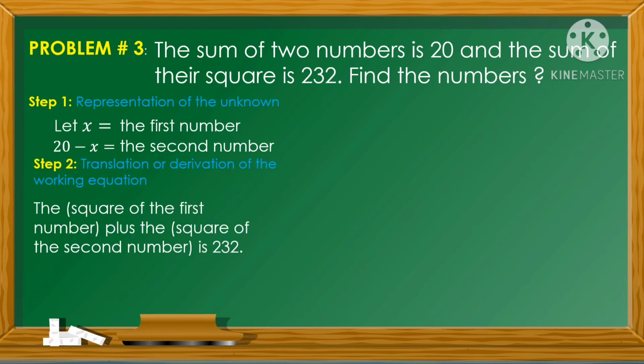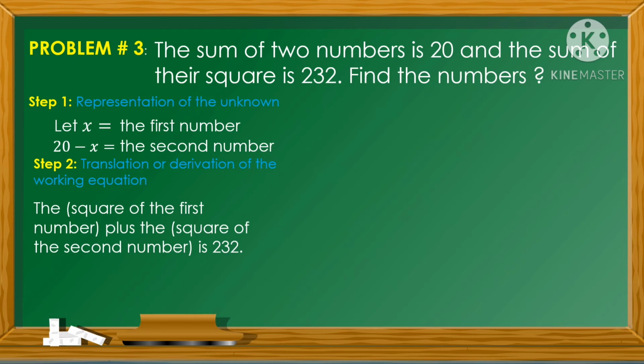So, the square of the first number plus the square of the second number is 232. That is the basis for our working equation, since it is the sum of their squares. So, we write the square of the first number plus the square of the second number is 232.